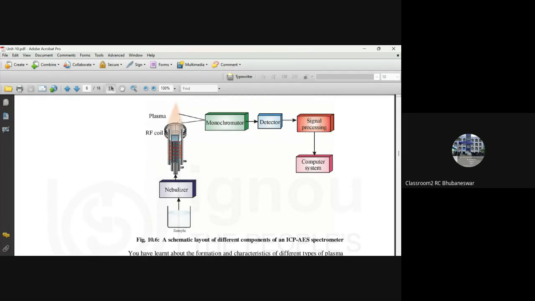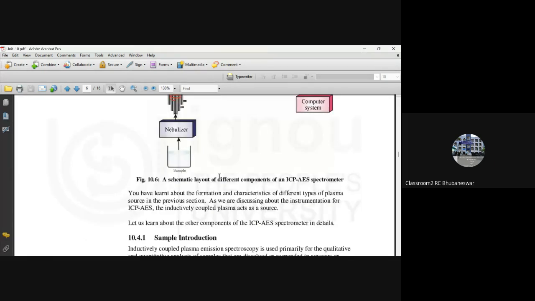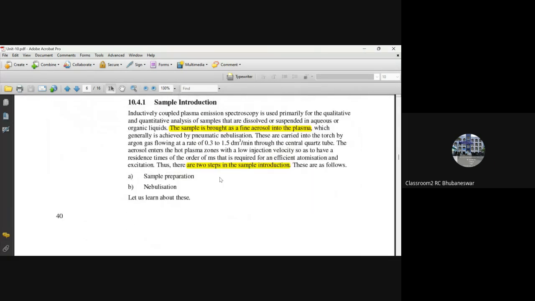The argon gas will be passed at a certain rate so that it is inductively coupled through the magnetic field, and there will be ionization of the elements as well as a high-temperature plasma created, and there will be atomization of the species you want to study.